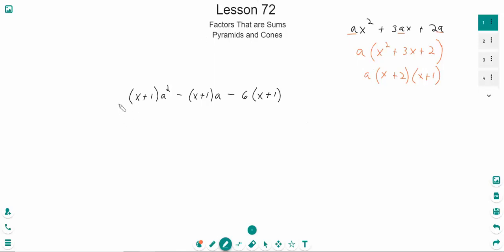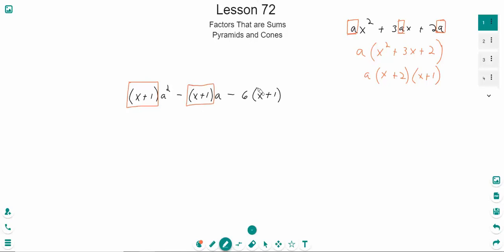It's just instead of recognizing this a, as we did here, which is just a single variable, we're going to recognize a sum that's common to all the terms. So if we look at this expression right here, we might be able to recognize that there is a common sum in all of the terms. And that sum is this x plus 1.